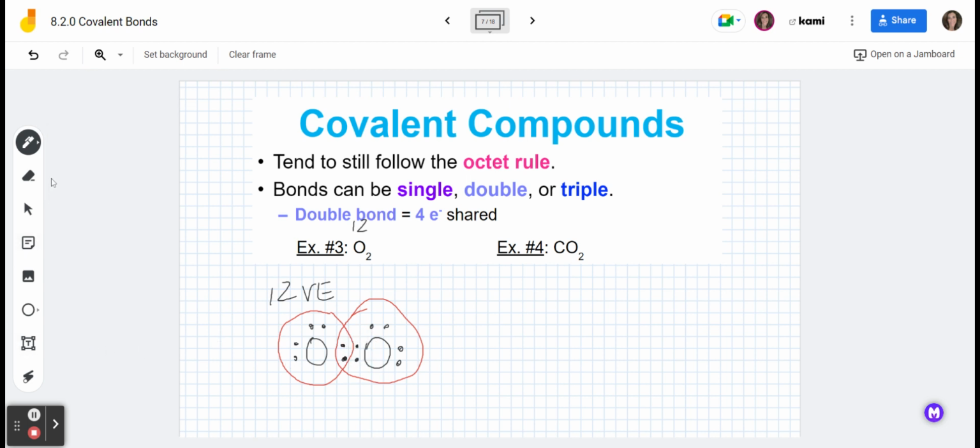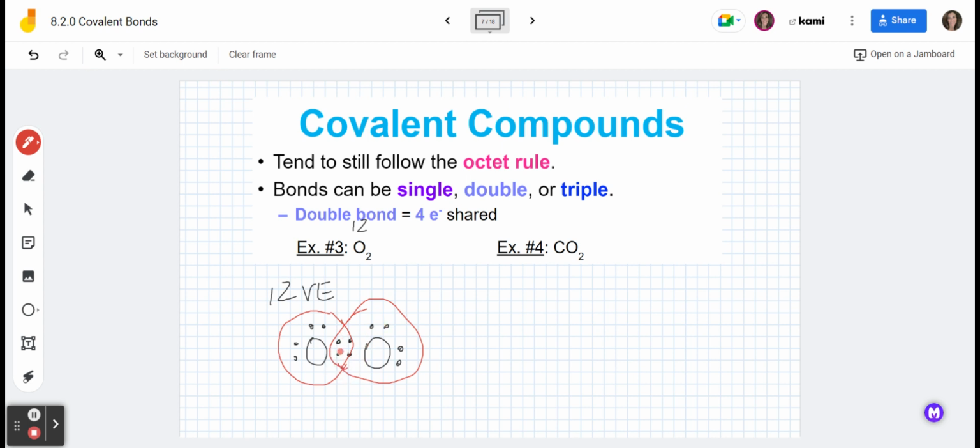So I got to fix my, oops. Let me erase this again. All right, so I'm going to redraw those shared pairs. And now I can redraw my circles.